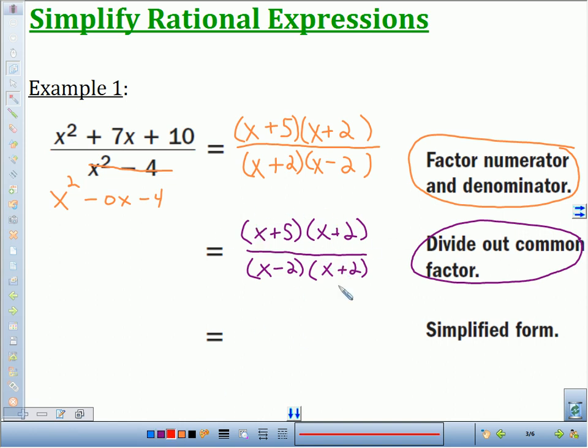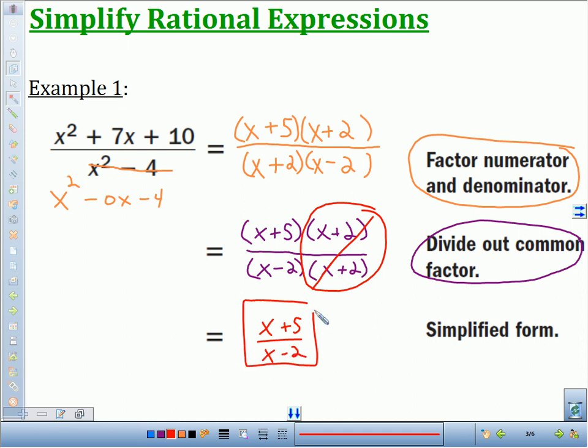I like to do it because then it becomes much more obvious that these two are going away. And if those two are going away, I have x plus 5 over x minus 2, and that is my simplified form. So you see we factored and then we canceled stuff out. Again, fairly straightforward as long as we get the factoring together.